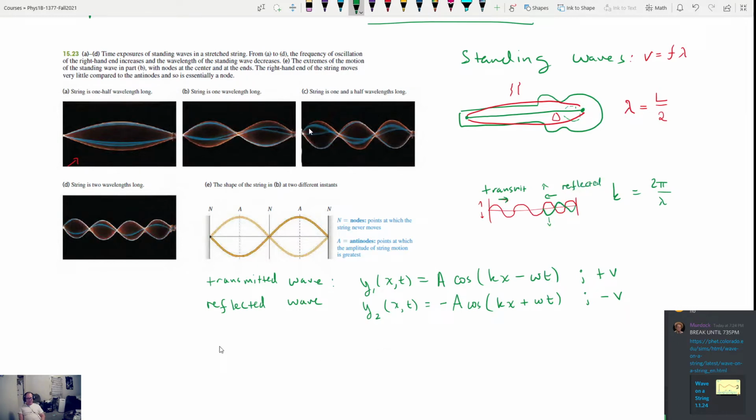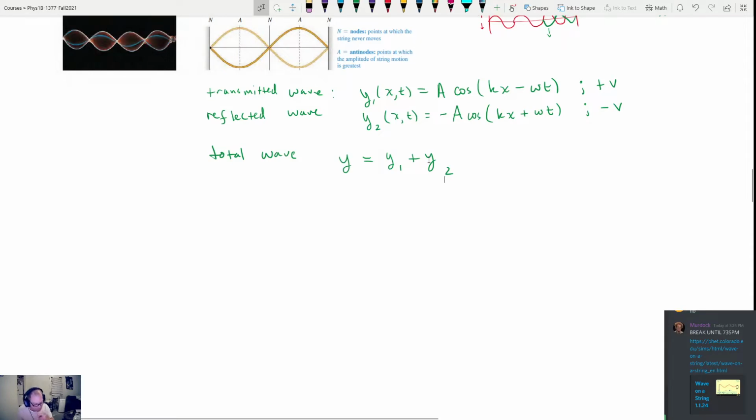And what we can do is get the total wave, which is going to be the sum of each of these, right? So the total wave, y, is going to be equal to y1 plus y2. This is our principle of superposition. So if we add those two waves together, we're going to get this. y equals, we get that.